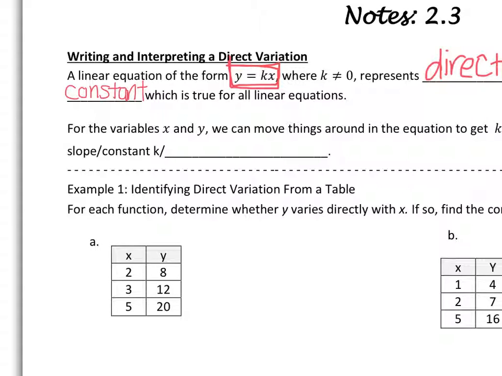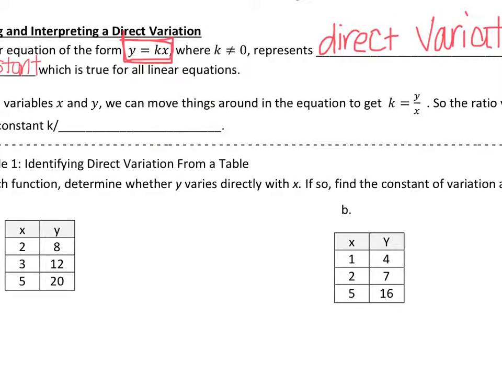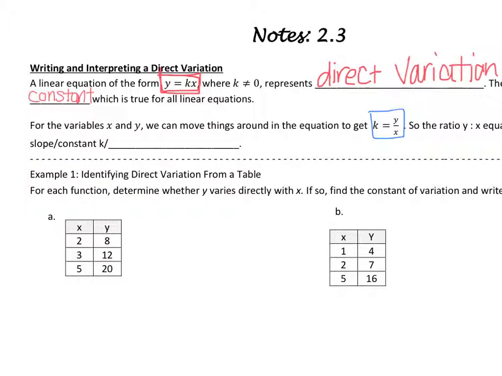So for the variables x and y, we can move things around from this equation. We can divide x to the other side to get that k equals y divided by x. It still equals this. It's still got the same values. We just made it look different. So instead of y by itself, we have k by itself. This gives us that the ratio y over x equals the slope.